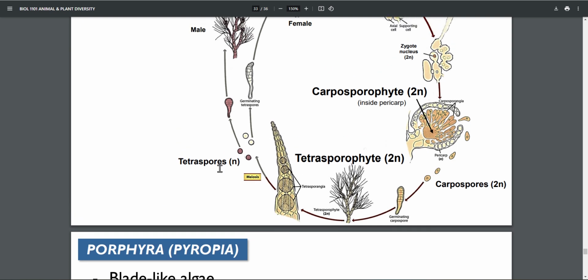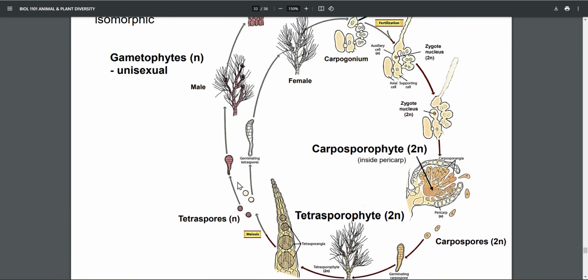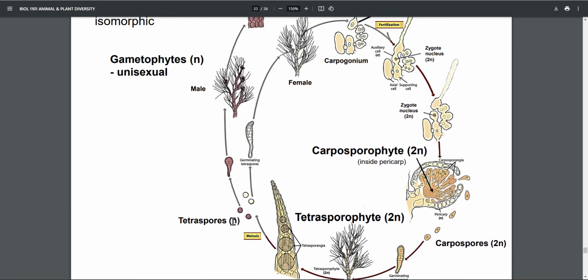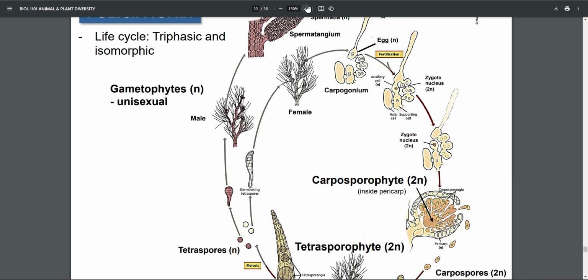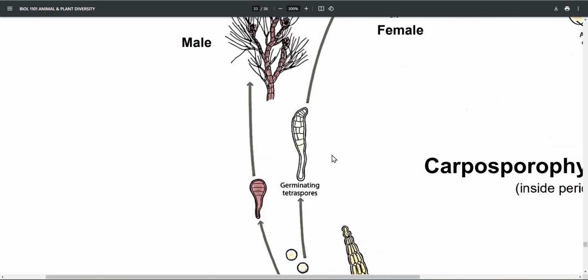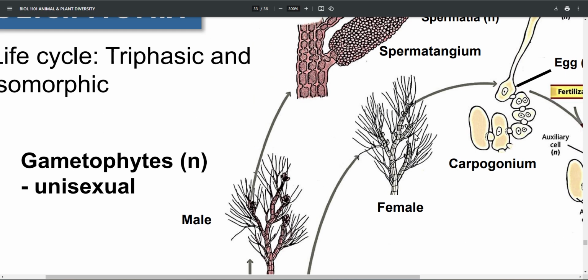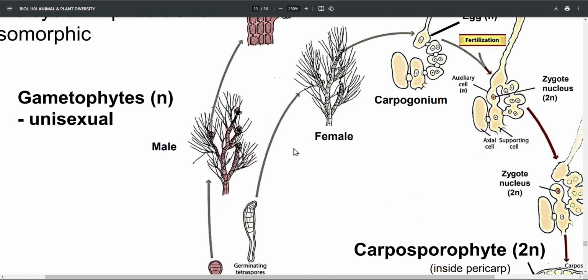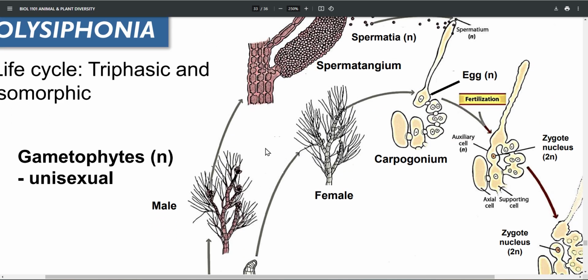So we're going to start here with the spores, the tetraspores that are haploid. These spores would grow into male or female gametophytes. They are unisexual, so the same individual is not male and female at the same time.